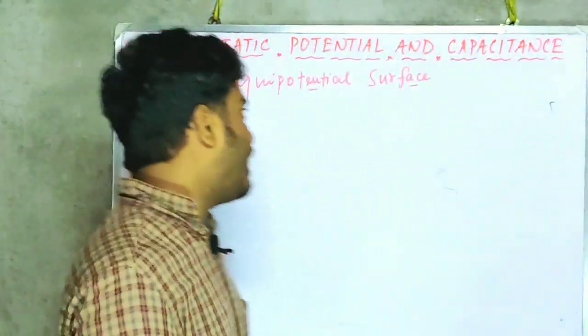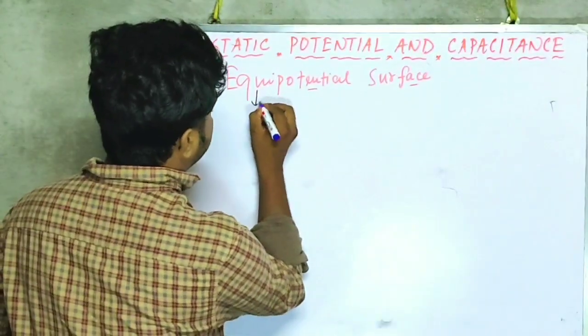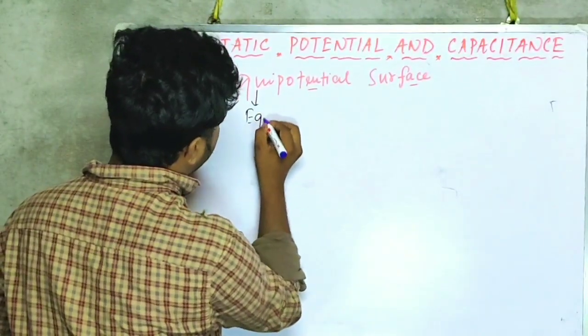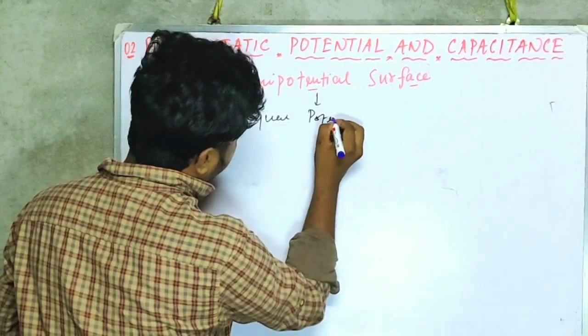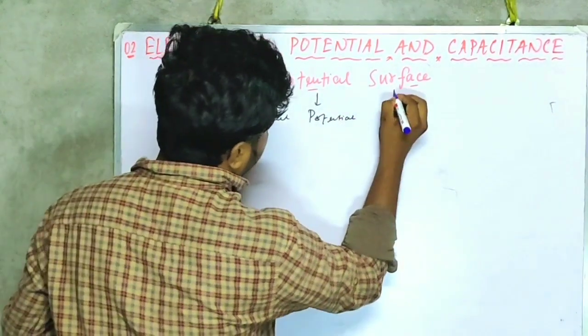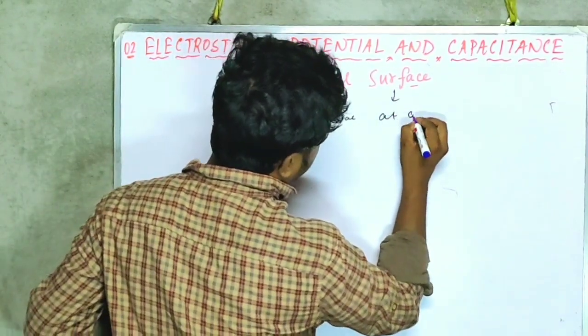You just see the name: equi means equal potential at a surface.